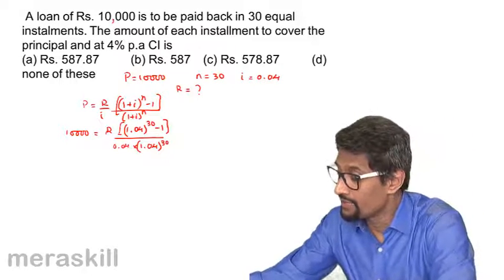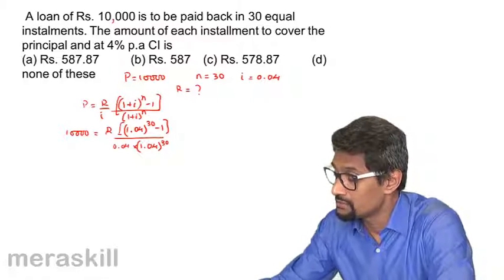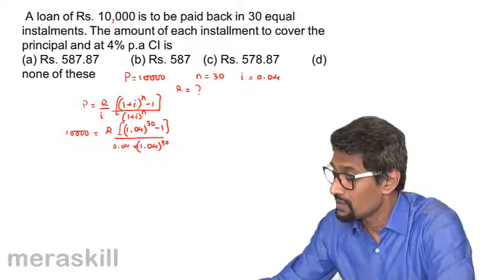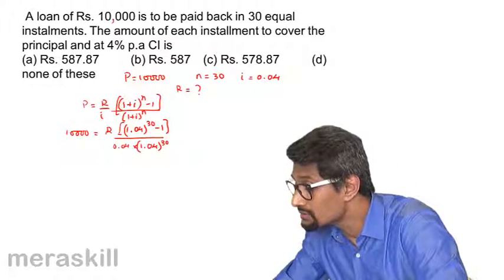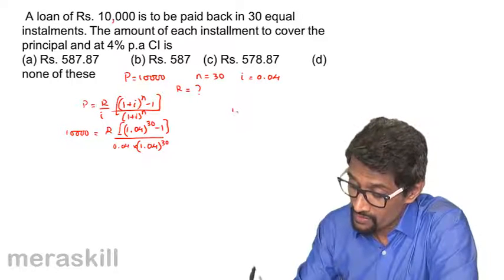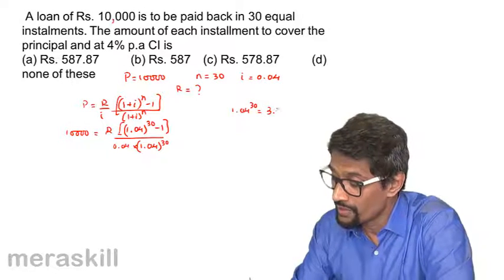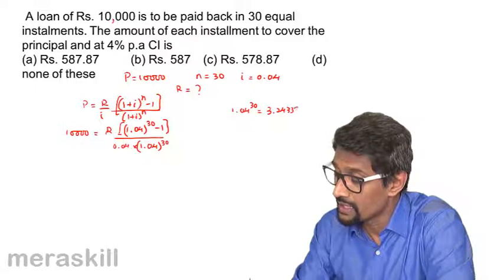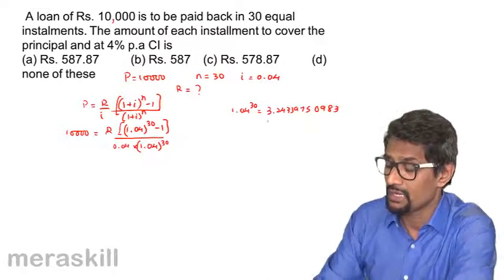Let's see what we have here. Multiplying 1.04 repeatedly, 1.04 raised to 30 is around 3.2439750983.